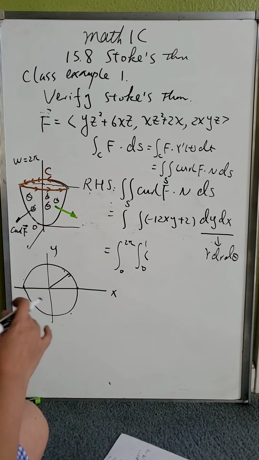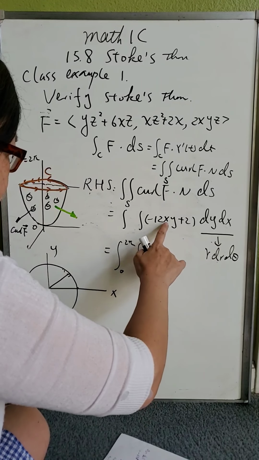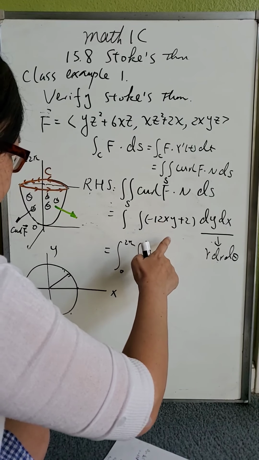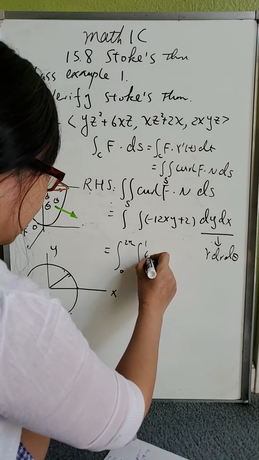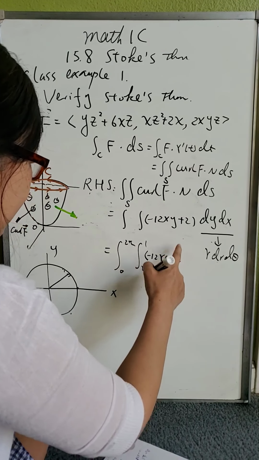You follow the same thing because it's like polar coordinates, right? So x equals r cosine theta, y equals r sine theta.